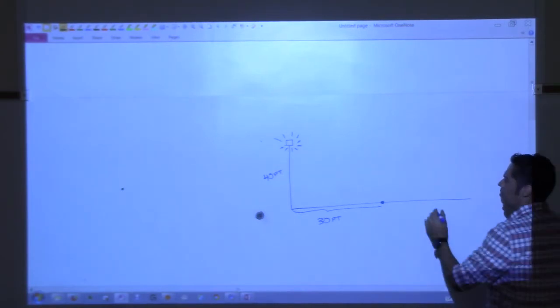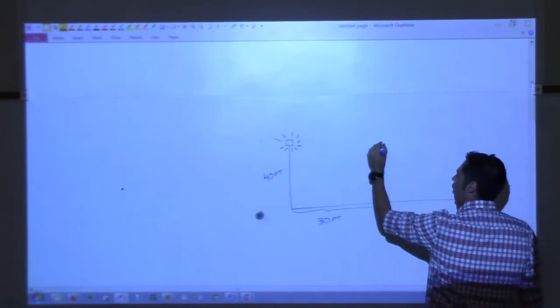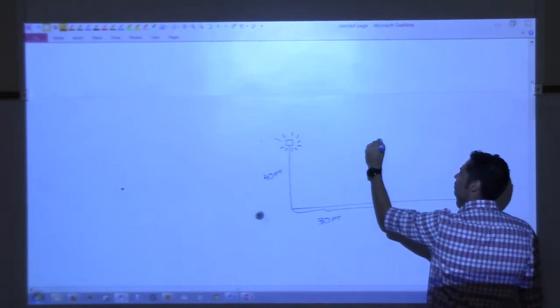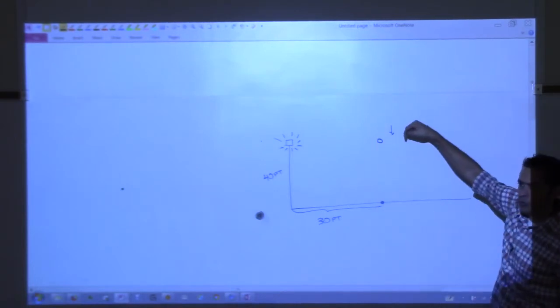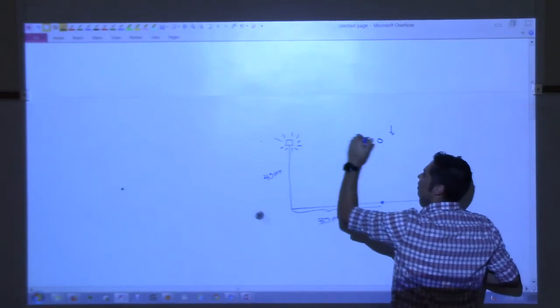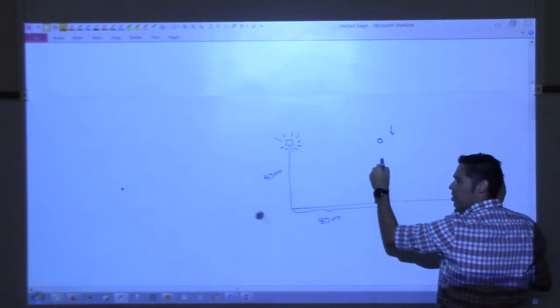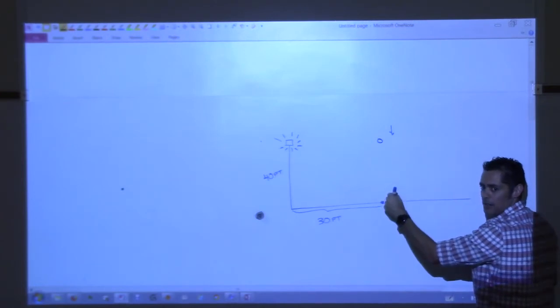And let's say that you have a ball, and you drop this ball. So you start from 40 feet, the same height as the pole, and you drop this ball. And it's going to come hit the ground eventually, right?